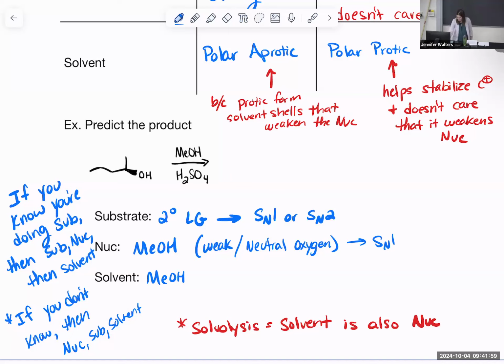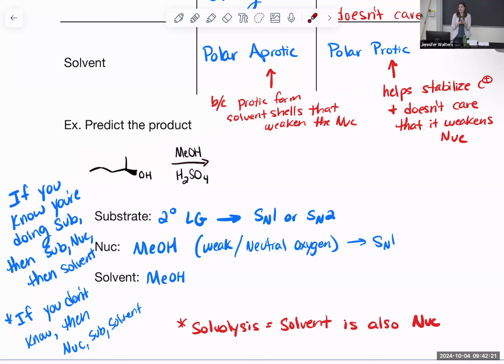Yeah, so I knew the nucleophile was going to be the methanol. My main thing that I'm using to differentiate these is the hint of the general location, where typically your substrate is going to be to the left of the arrow. And then usually your reagents, meaning the nucleophile, are going to be above the arrow or on the arrow.